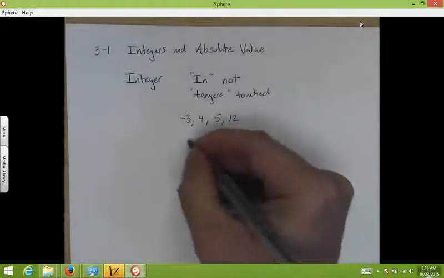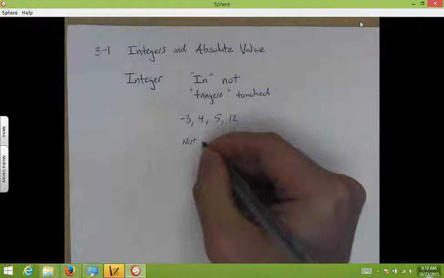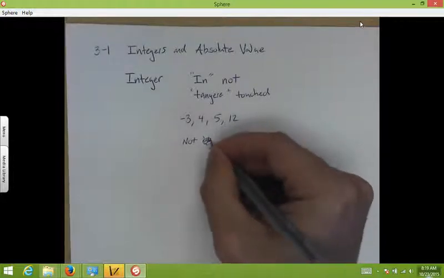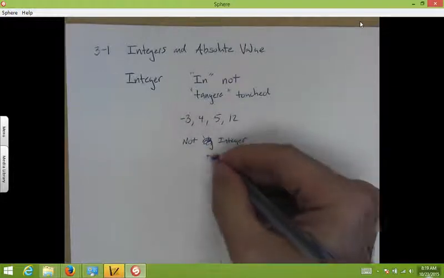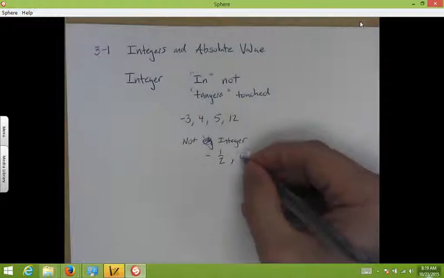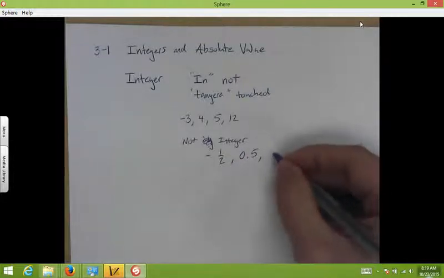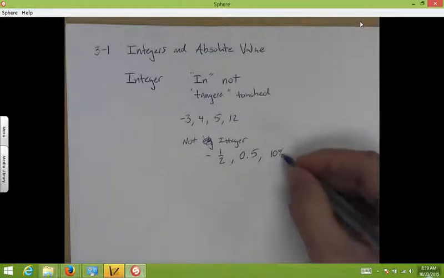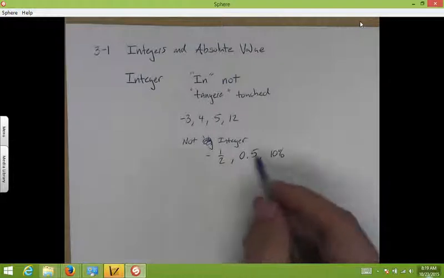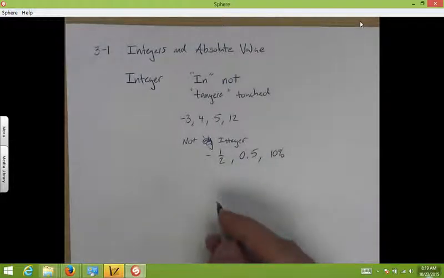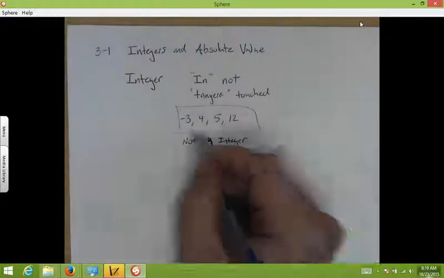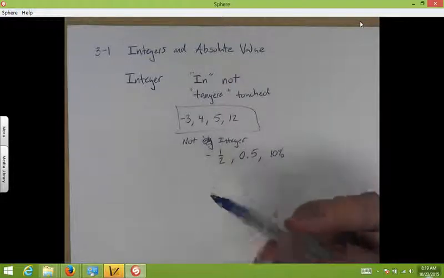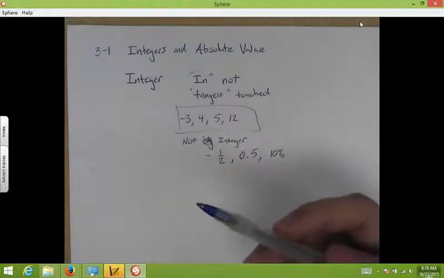Not integers would be things like 1/2, 0.5, 10%. Why? Because the percent sign, remember, means over 100. So things that can be written as fractions, not integers. Alright, that's just a basic definition for what an integer is. So again, integers, whole numbers, not divided, not fractions.